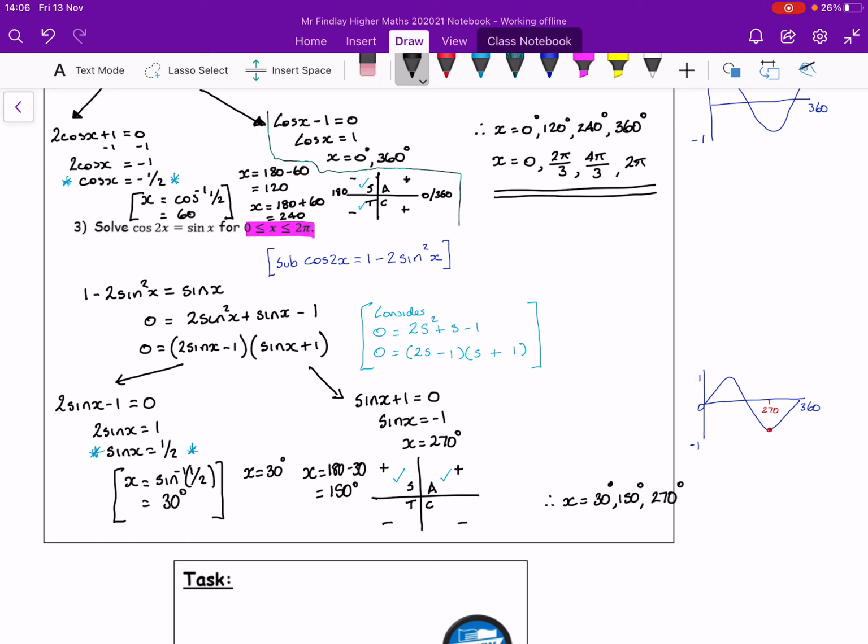And once again, going back to where our solutions must lie, our solutions are between 0 and 360, but in particular in radians, so we have pi over 6, 5 pi over 6, and 3 pi over 2.